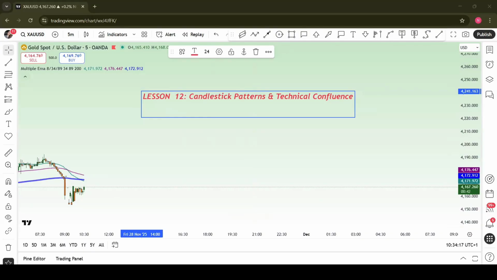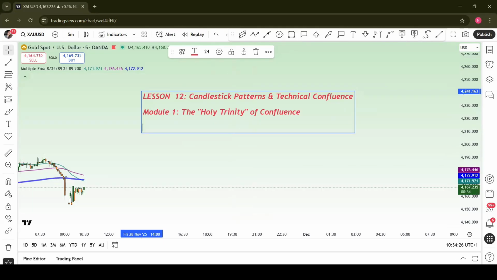And the first model in today's lesson, I'm going to show you the Holy Trinity of confluence. Why do 90% of traders fail with candlesticks? Because they trade them in a vacuum. To execute a high probability trade, we require alignment of three distinct market forces, and this is called the Trinity of confluence.